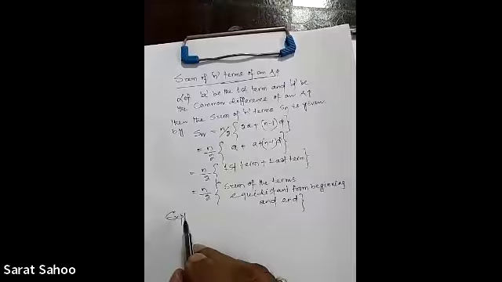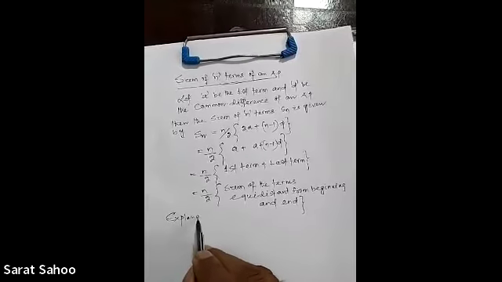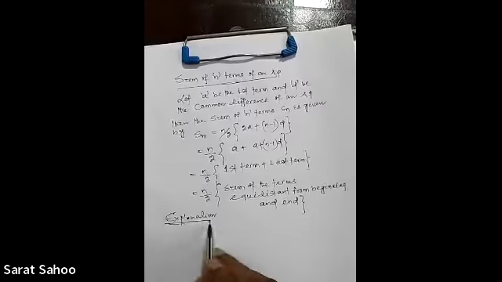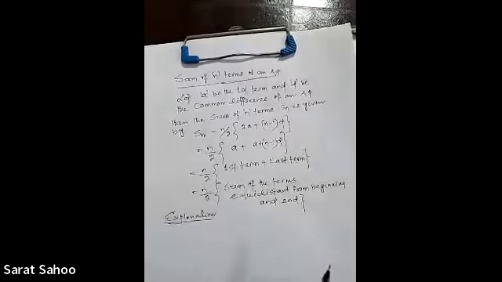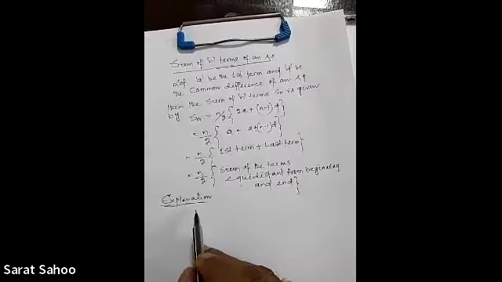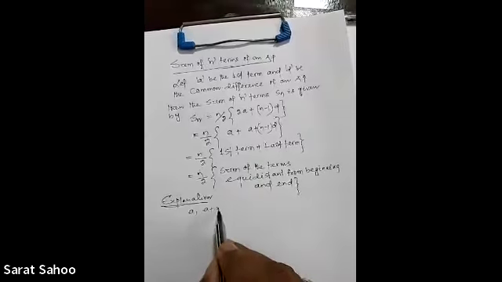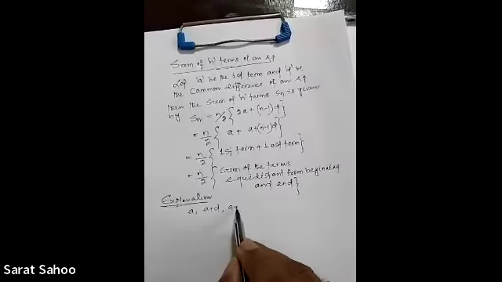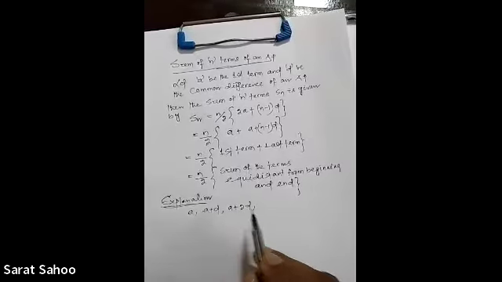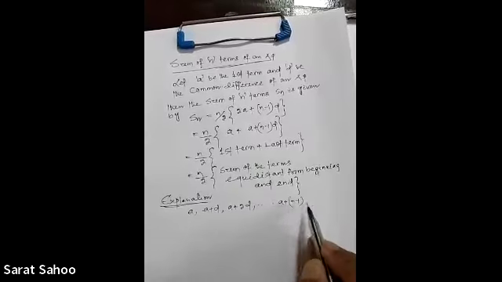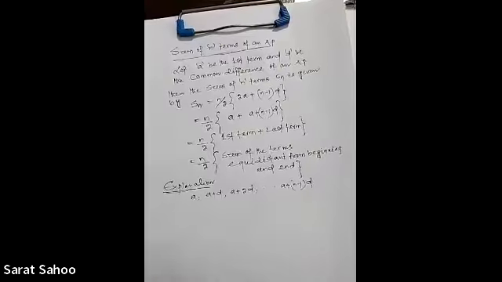Come for the explanation. A is the first term and D is the common difference. The sequence is given by A, A plus D, A plus 2D, up to A plus (n minus 1) into D. This is the sequence.